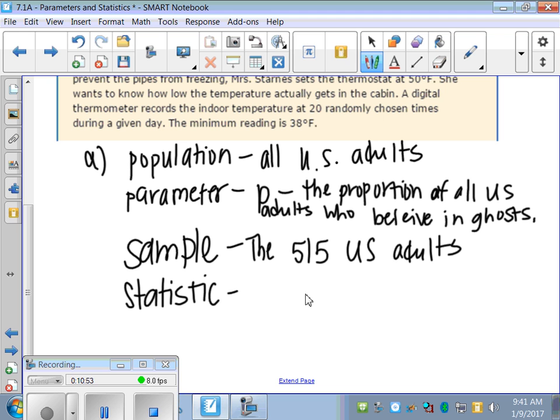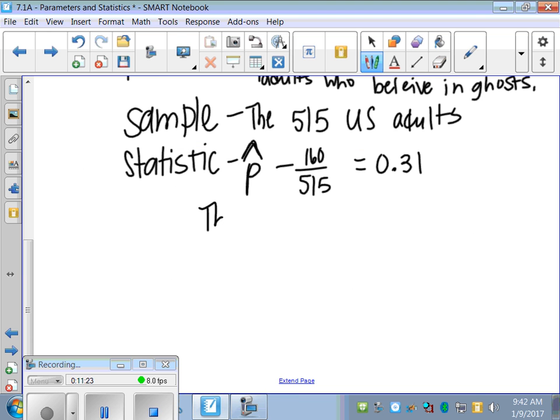So, in this case, you guys, P is the true proportion. So the statistic is P hat. And we've got to learn the difference between P and P hat. So P hat is the statistic. We are talking proportions, which means I want a fraction or decimal. Usually we make these a decimal. All right? So in this case, it's 160 out of 515, which is equal to 0.31. So this is the proportion of the sample that believe in ghosts.